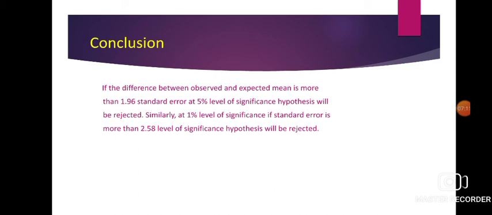Similarly, at 1% level of significance, if the difference is more than 2.58 standard error, the hypothesis will be rejected, and if it is less than 2.58 standard error, the hypothesis will be accepted.